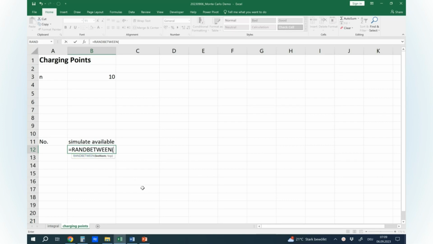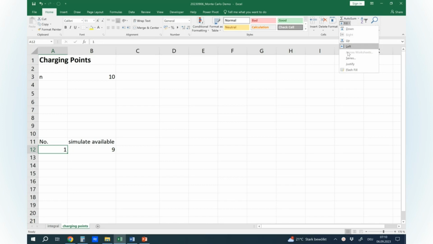This function requires two parameters, namely the lower and the upper limit. In our case, this would be 0, i.e. no charging points available, to 10. The function generates integers at random within this defined range. For this demonstration, I'll conduct 100,000 iterations to simulate the number of available charging points.